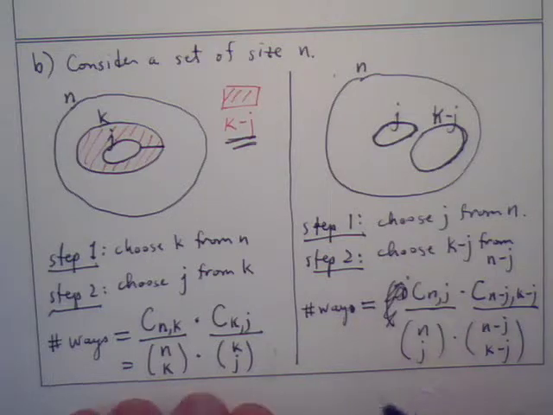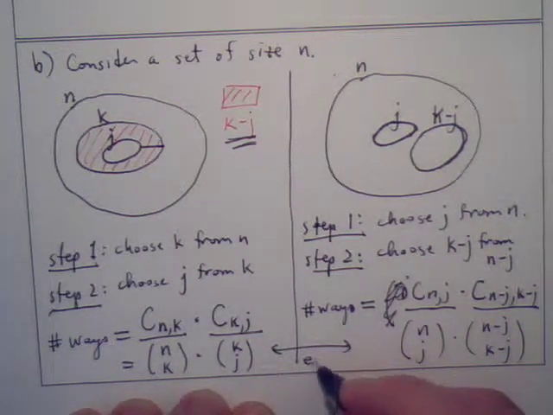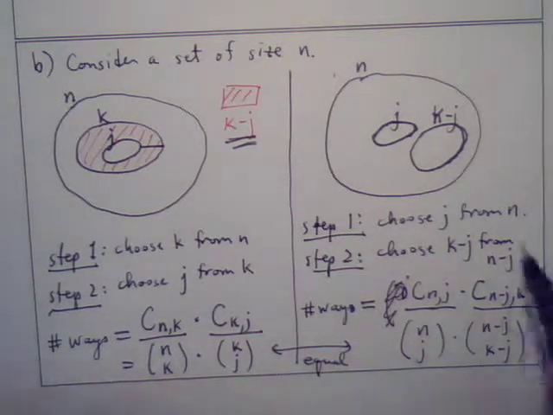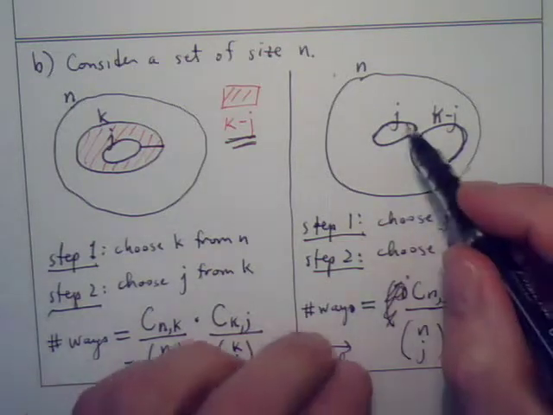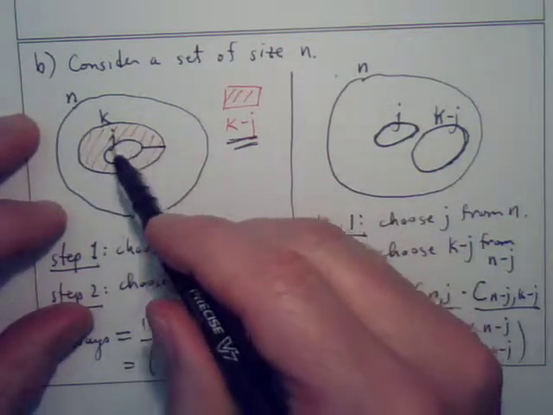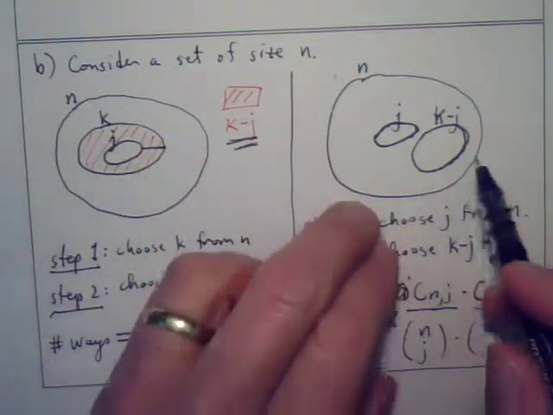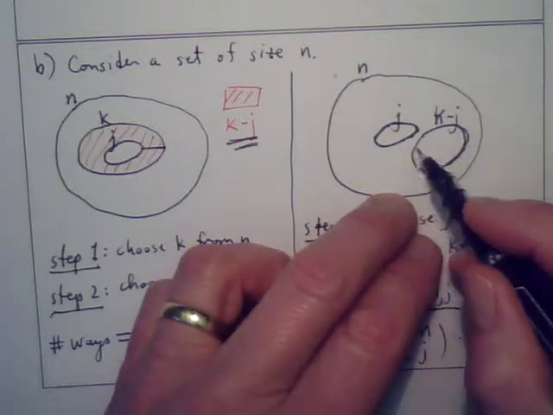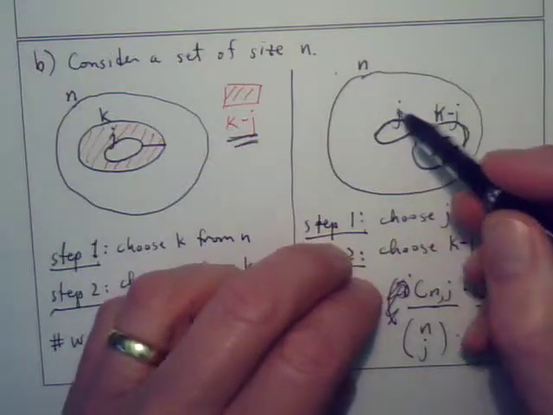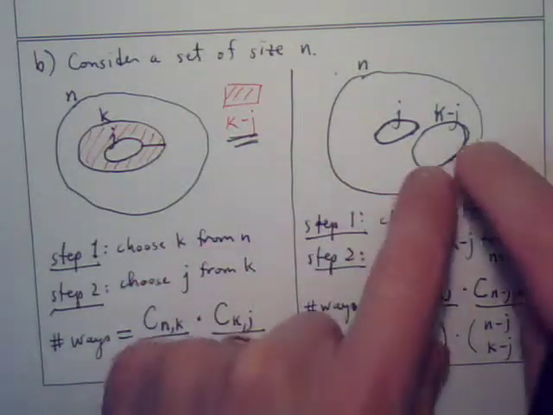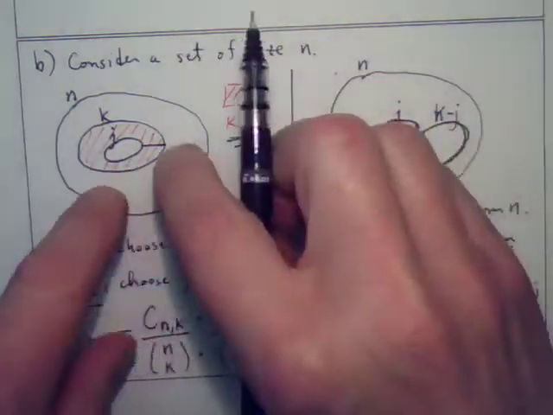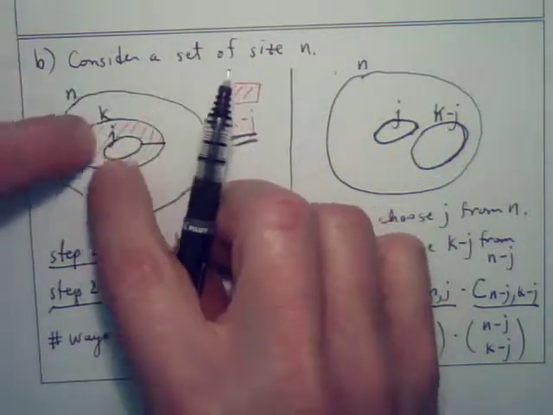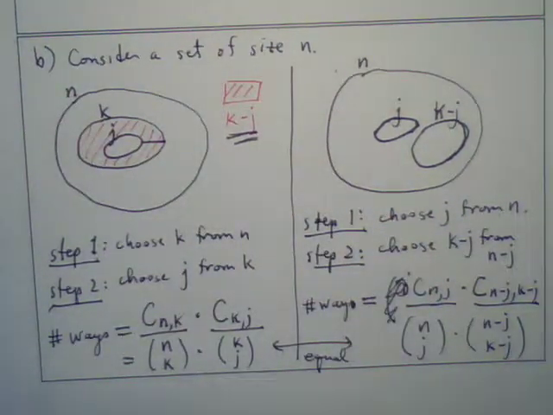And so these two are equal due to this argument here. So first I choose k and then I choose j out of them on the left hand side. Here I choose the j elements first and then I choose k minus j elements out of the remaining n minus j elements. And if you want, you can take this blob and wrap it around like that and see that they're the same. So, hope that's an interesting problem.